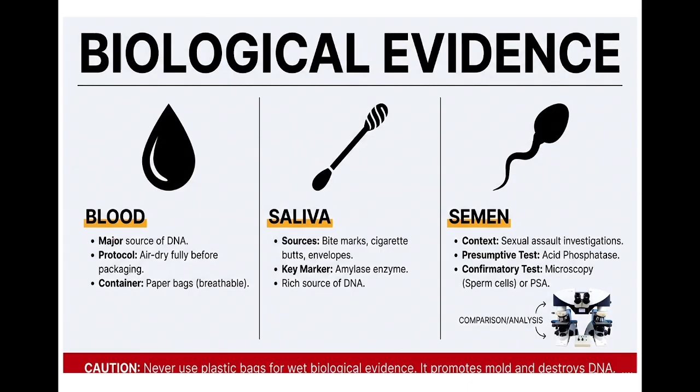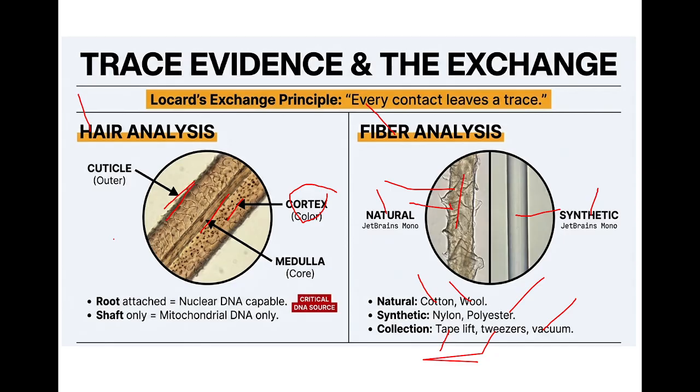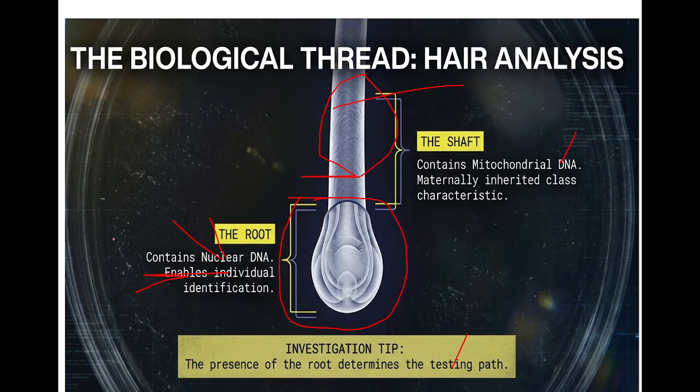Then we quickly covered biological evidence, because we covered it before: blood, saliva and semen. We already know much about them. And we did the physical part of blood, blood stains and pattern analysis. Then we looked into fibers and hair analysis. They are very good physical evidence.